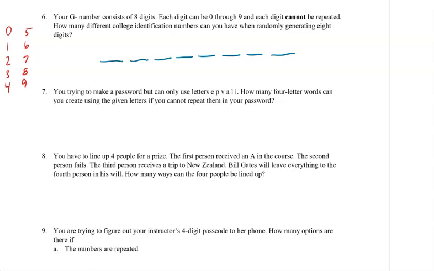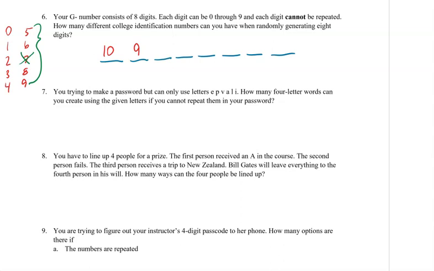And for that first digit, we have those 10 numbers to choose from. Here's the thing though. If we used one here, let's say that the number that we picked first was a 7. It absolutely doesn't matter which one it was first, but if it was a 7, we can no longer use 7 anymore. So if we look over here, we now only have 9 choices left because we can't use 7 anymore.